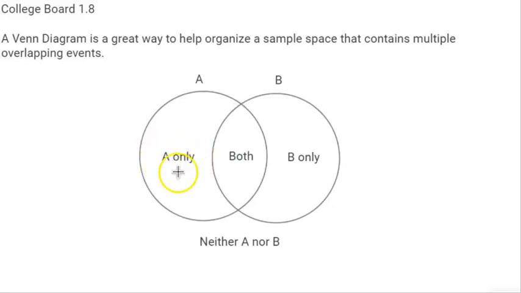This space right here represents outcomes where only A happens. Here is where we have outcomes where only B happens. And if there's a possibility of neither happening, then that would be represented by things outside of either circle.